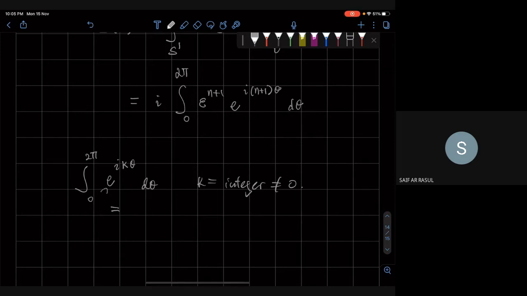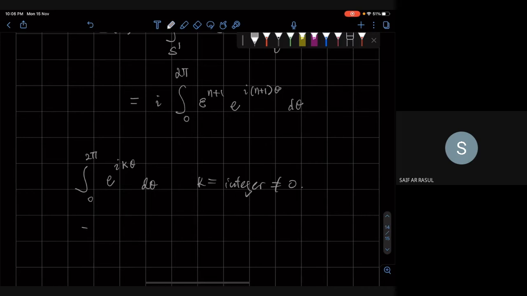Right, I mean, what is the real part of this? It's cosine k theta, right? And the imaginary part is sine k theta. And you know that as long as you integrate sine and cosine over some 2 pi k, where k is an integer, it's going to give you 0. Right? So, if you don't believe me, let's just do this, okay?